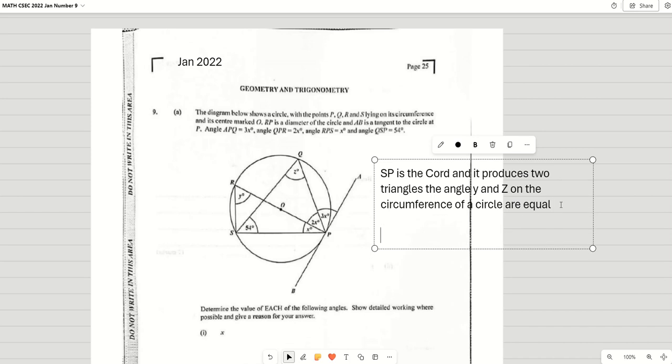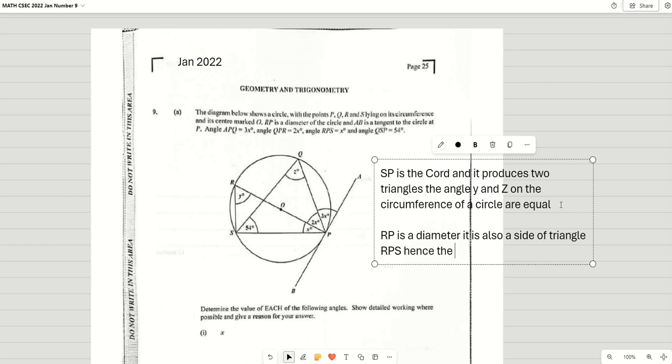The second thing is they said that RP is a diameter. It is also a side of triangle RPS.